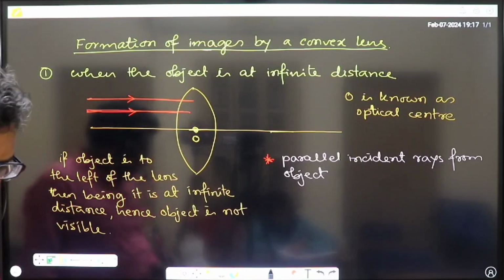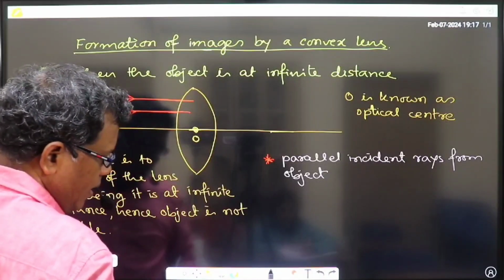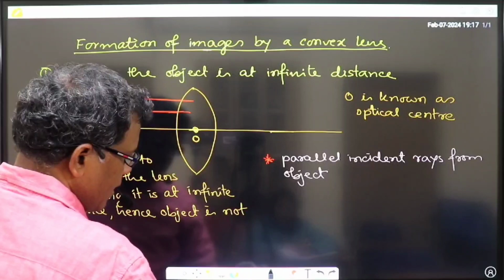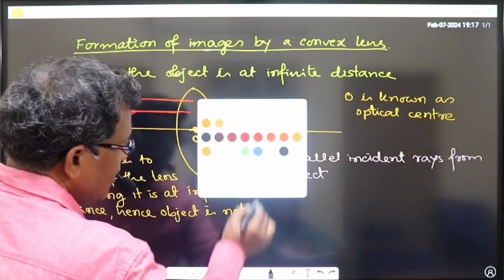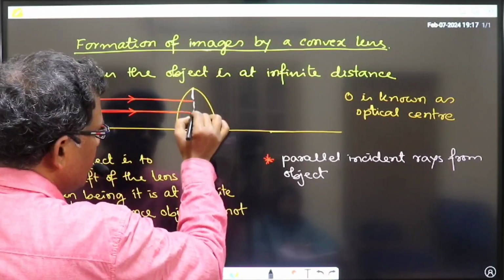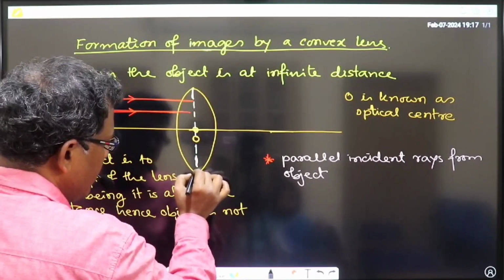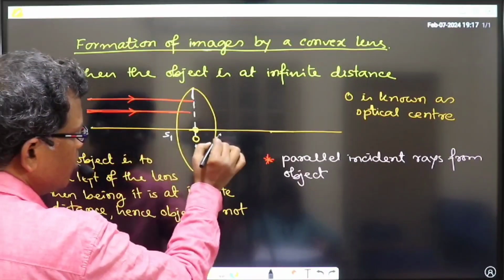Now these two light rays, see, I told you in the very first class, and showed with the diagram, that in a lens there are two successive refractions, isn't it? Do you remember with the diagram I explained that there are two surfaces S1 and S2?